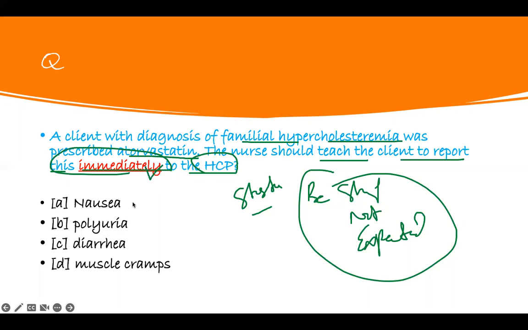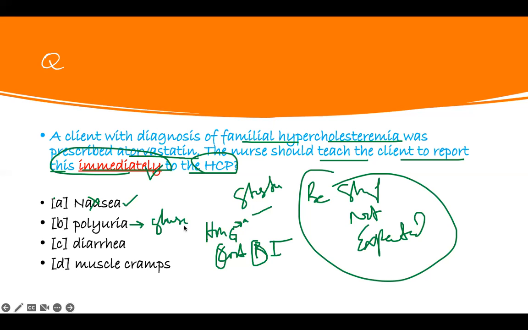Okay. What symptoms? Nausea. Well, the key is HMG-CoA reductase inhibitor. I see GI symptoms is not a problem. The problem is the C, right? And the R, C and R. So this is not a problem. Polyuria is because this may be coming from the glucose.